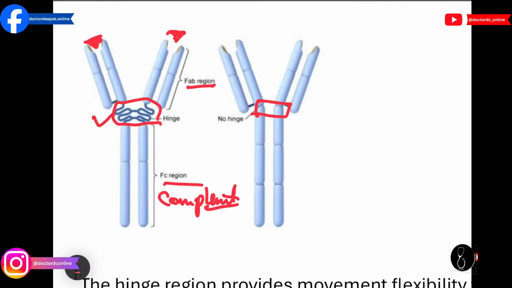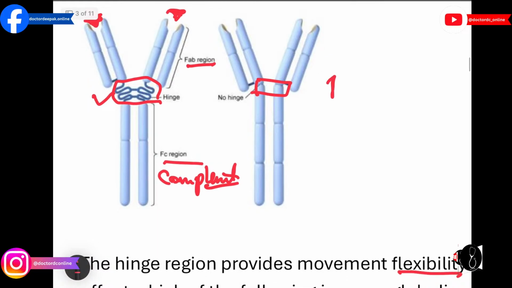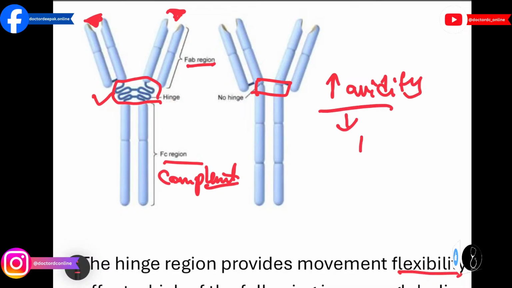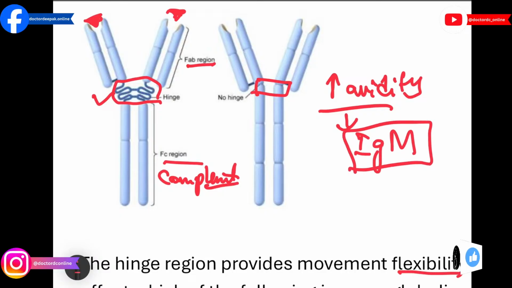But if we talk about affinity and avidity, avidity means the sum of the overall interactions of the molecules. The immunoglobulin with the maximum avidity is IgM, because IgM is pentavalent.